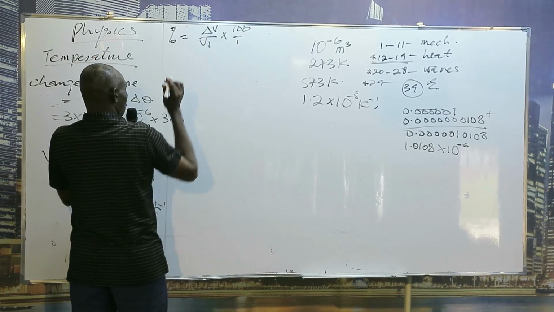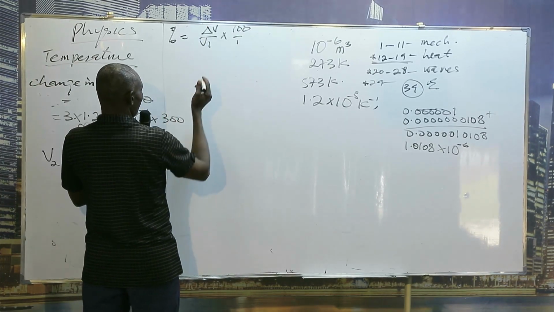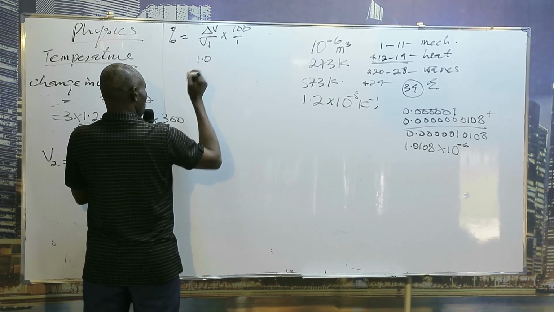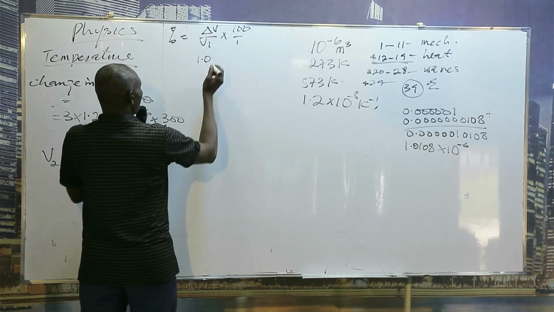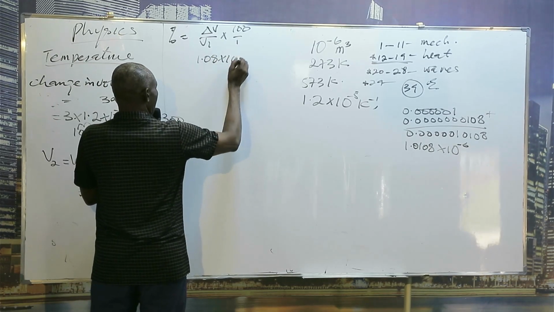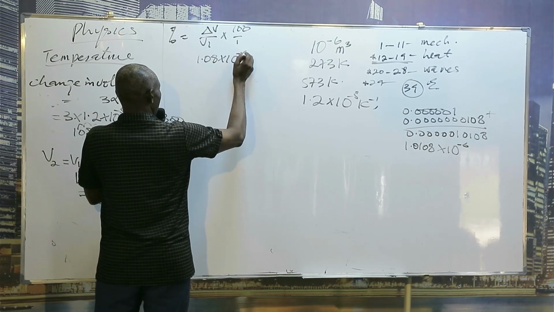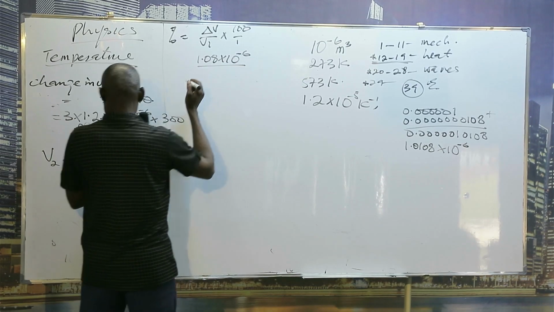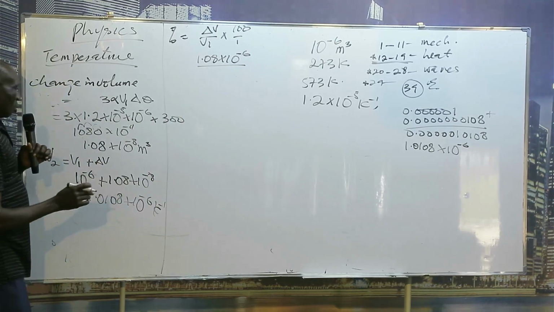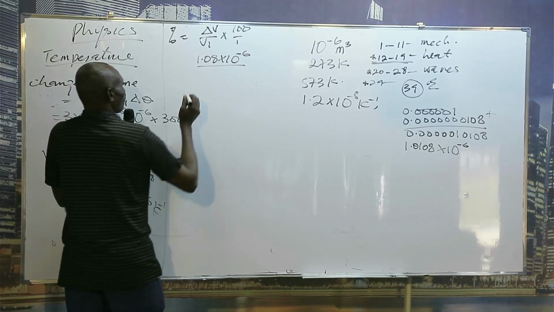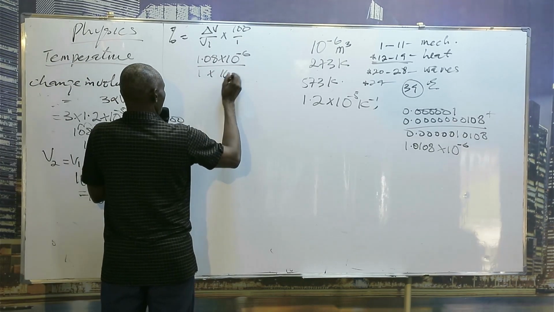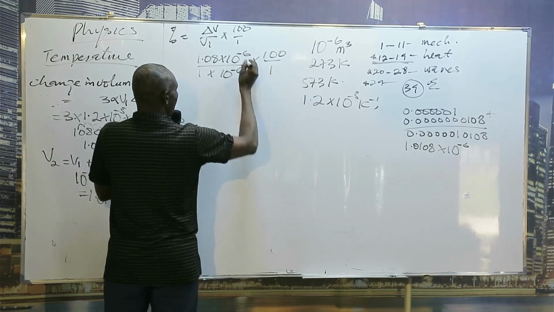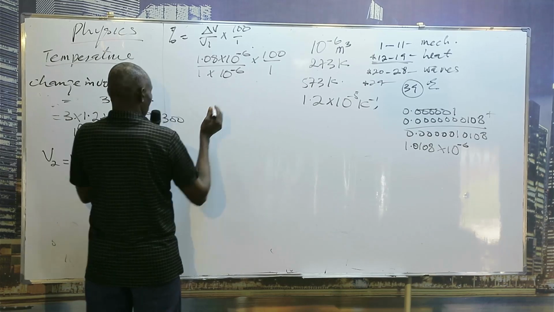Now, what is the change in volume? 1.08 times 10 to power minus 6, over the initial volume, which is 1 times 10 raised to power minus 6, multiplied by 100 over 1.